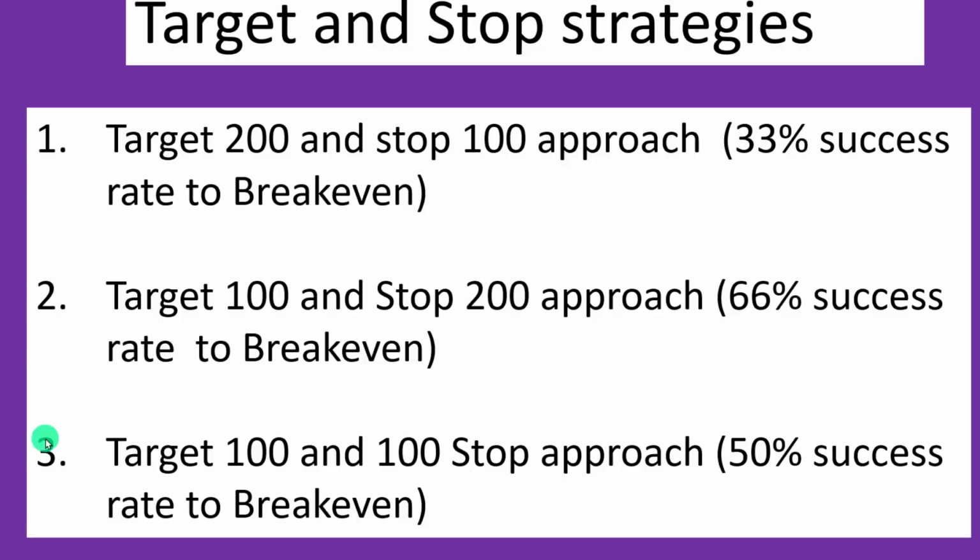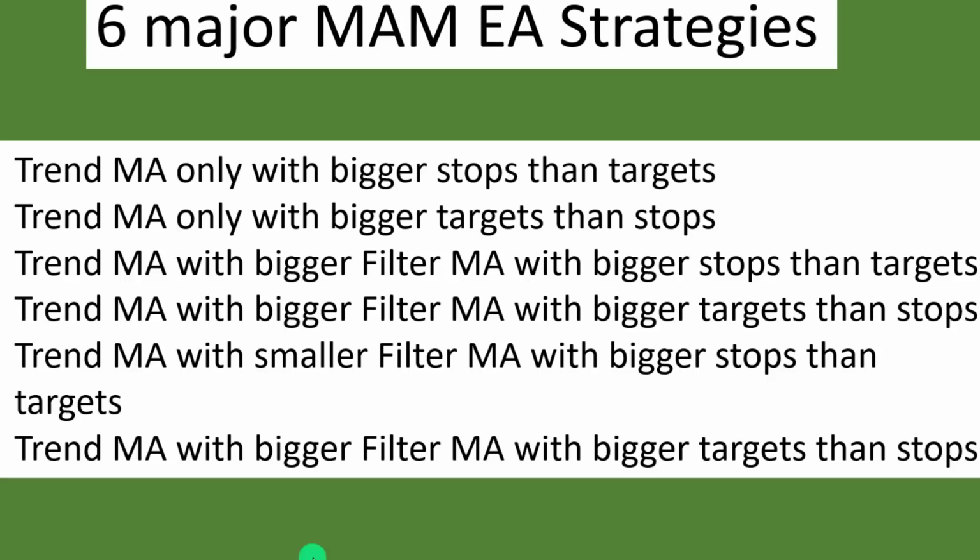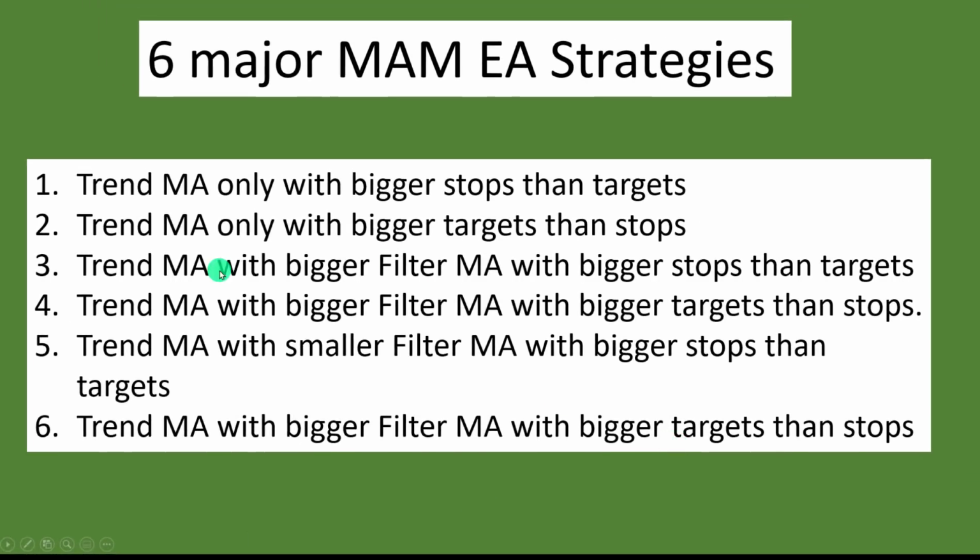So now what you can do is you combine those strategies. So you have a trend only MA with bigger stops than targets. You have a trend MA with bigger targets than stops. And you have a trend MA with a bigger filter MA with bigger stops than the targets, and you have a trend MA with a bigger filter MA with bigger targets than the stops.